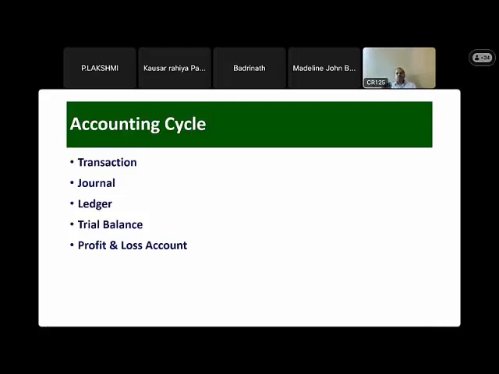The answer is yes, we can. But the problem is that the cost will increase. If you start preparing it every day, every hour, every minute, the cost will increase because you have to have more people, and obviously the work will be more.